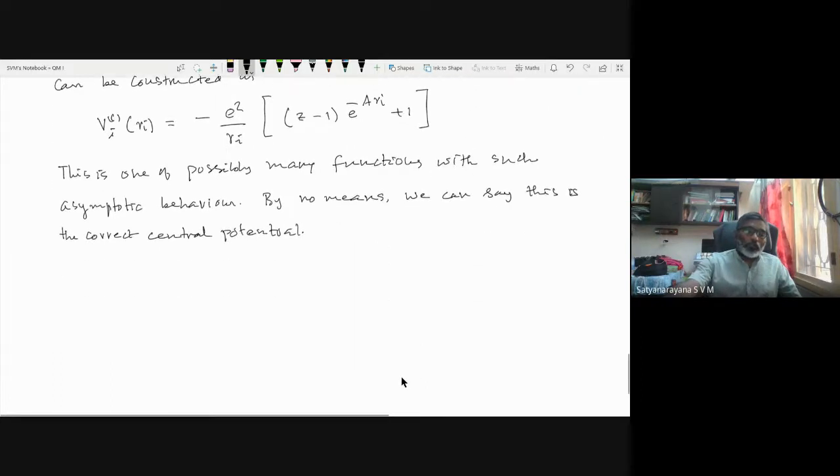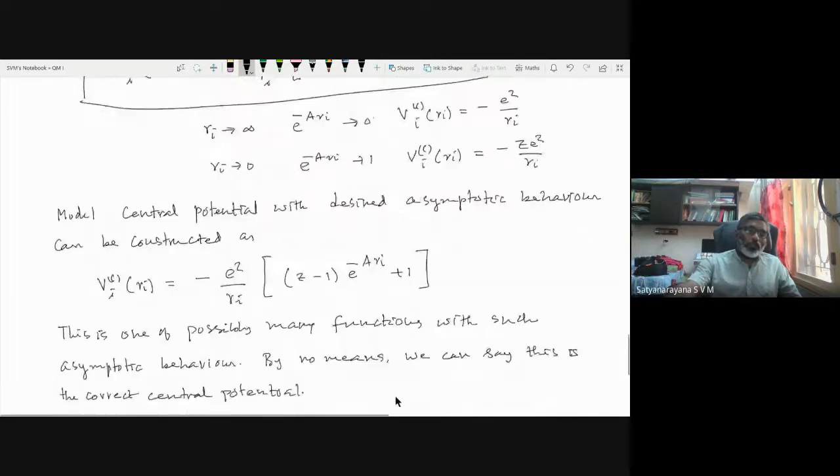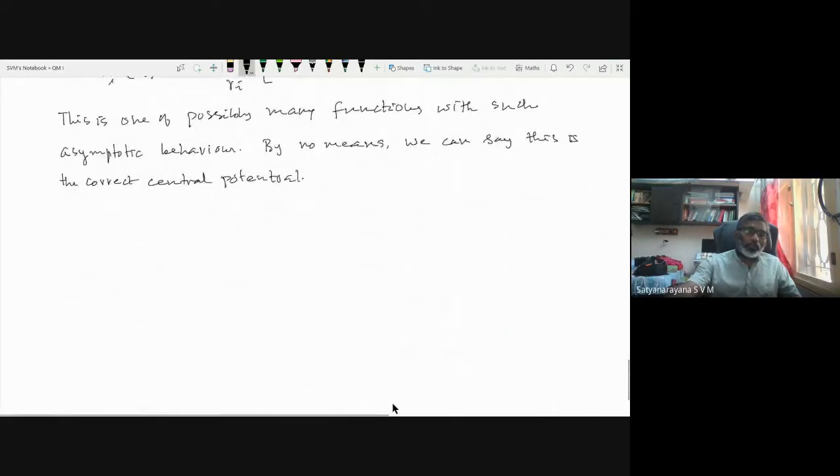But we can do something slightly better even if you don't know what this potential is. We will try to understand the general issues with respect to this potential.